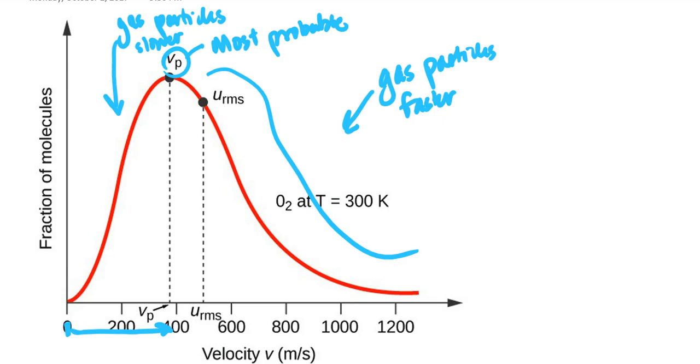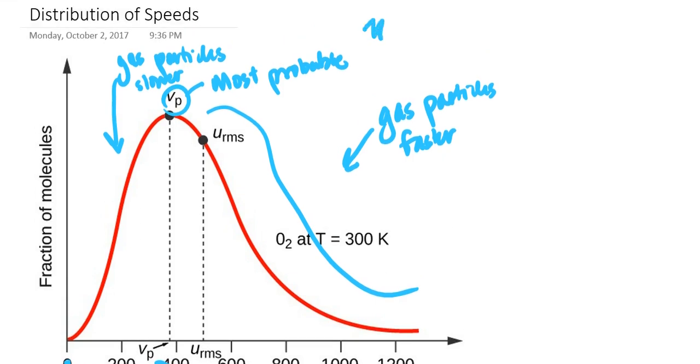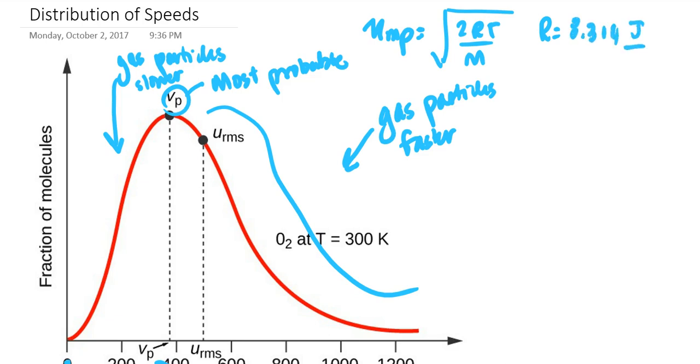Now, it turns out there is a mathematical expression by which we calculate the most probable velocity. That equation is actually u most probable, which is the symbol for the most probable speed, is the square root of 2RT over m, where R is actually the gas constant in its energetic terms, which is 8.314 joules per mole Kelvin.